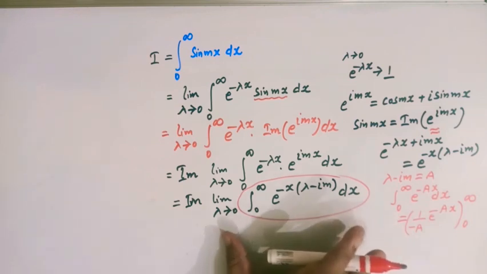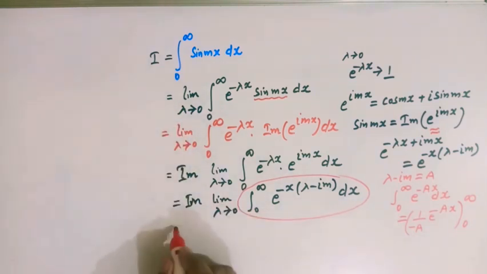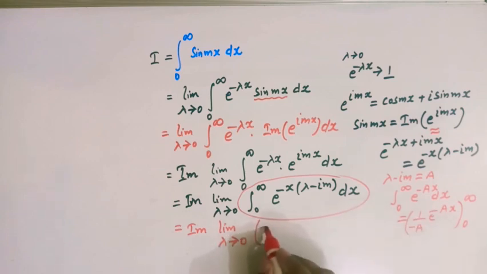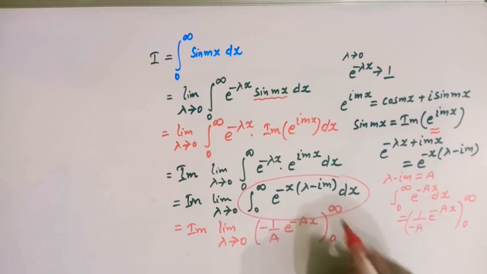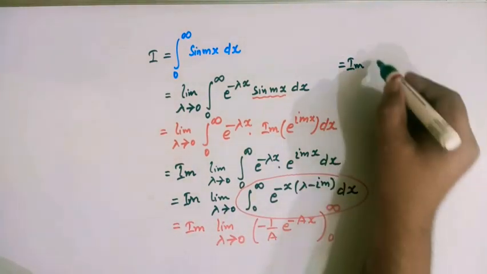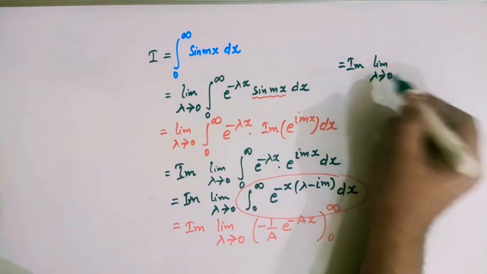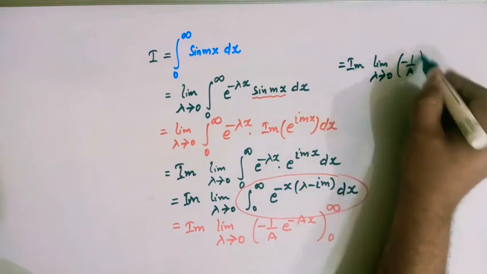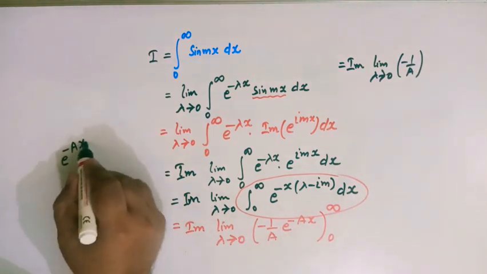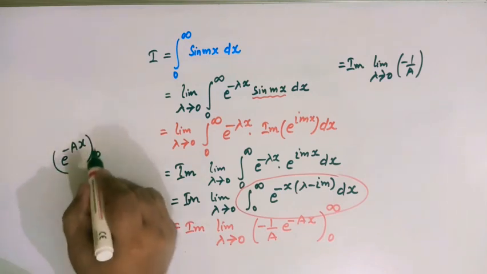So we can write this integral I as the imaginary part of the limit as lambda tends to 0 of minus 1 over a times e raised to minus ax from 0 to infinity.